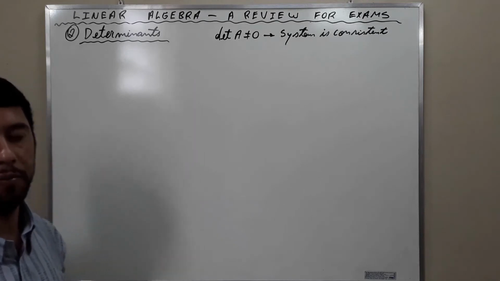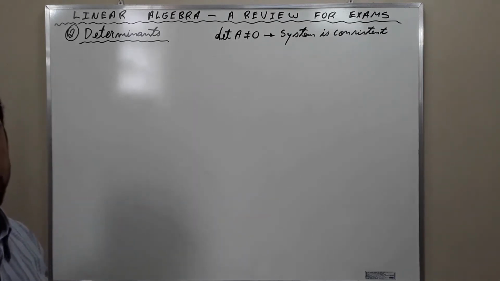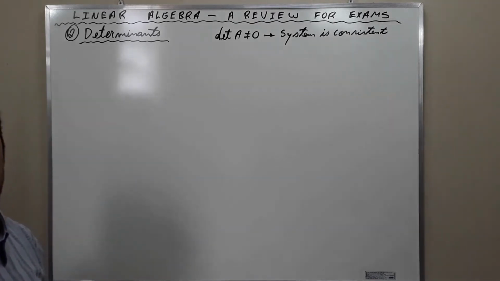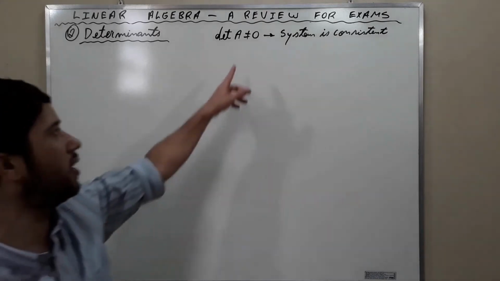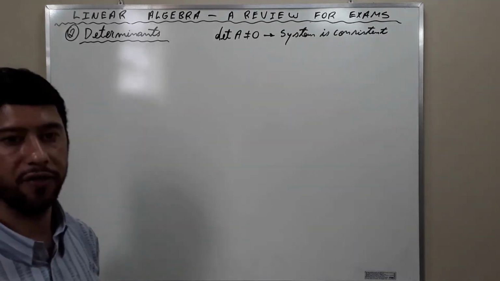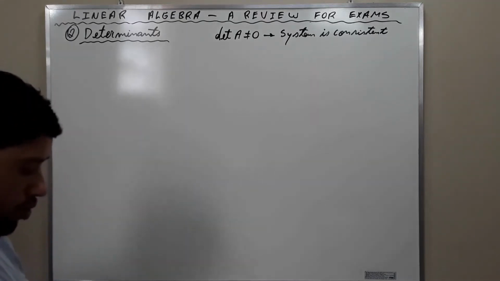It has a possible solution. Then, if you calculate the determinant of a matrix and you find that this determinant is non-zero, then you know that the system is consistent and thus has a solution.